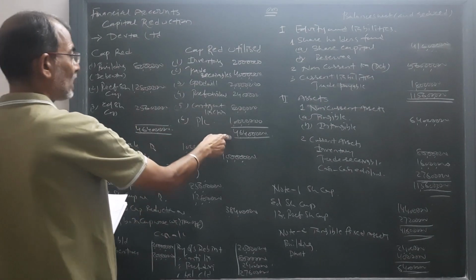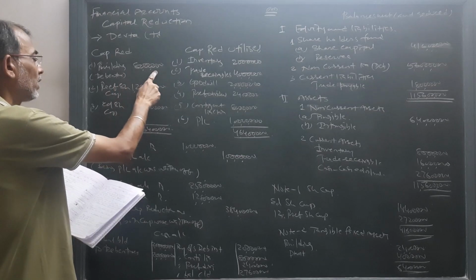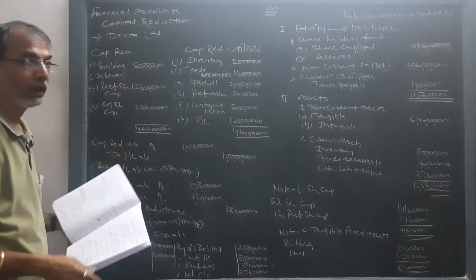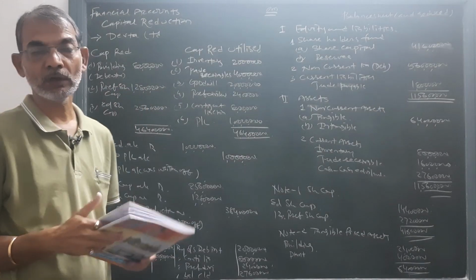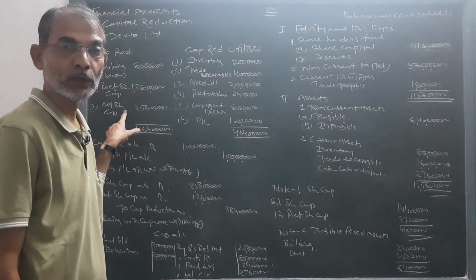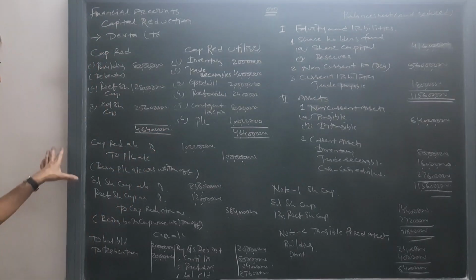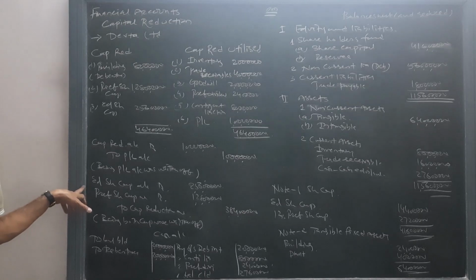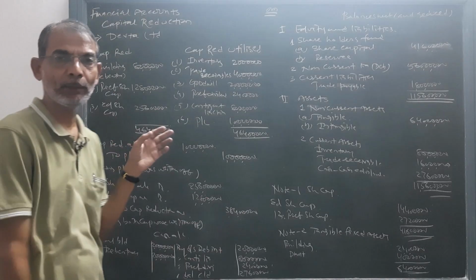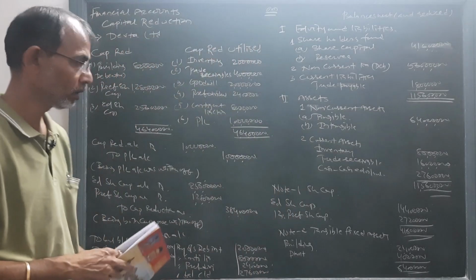When the total was done for the utilized side, it was 4 crore 64 lakh, reducing 80 lakh, remained 3 crore 84 lakh, which was distributed in 2:1, 2 parts to equity share capital and 1 part to preference share capital. So the entry for that was equity share capital account debit, preference share capital account debit to capital reduction account.